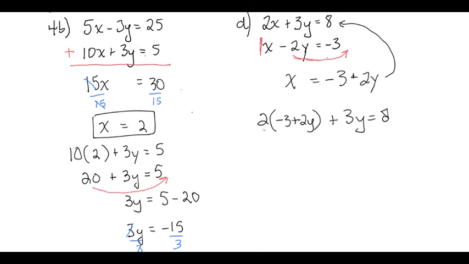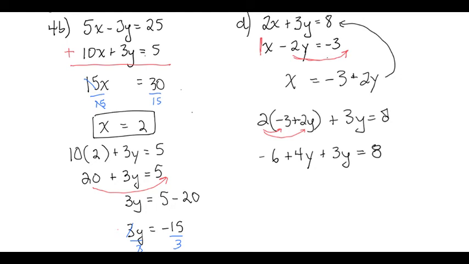We have to carry out the distributive property here because there's a number in front of a set of brackets, and the set of brackets contain more than one term. So the 2 multiplies by -3, and the 2 multiplies by this positive 2y to give us positive 4y. We still have the plus 3y, and we still have the equal sign and the 8 on the right-hand side.